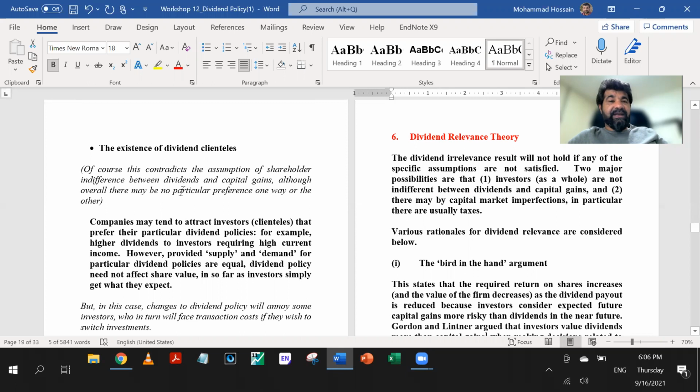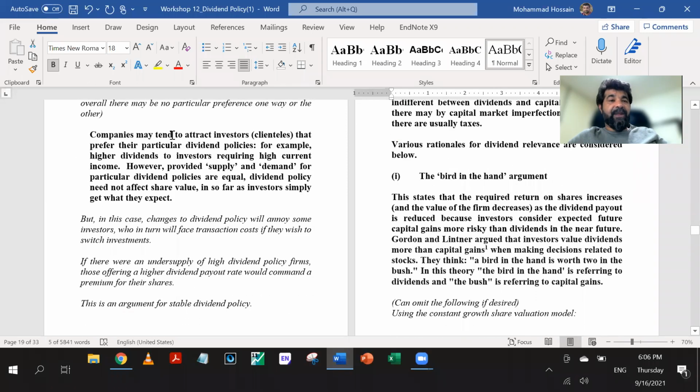Existence of dividend clienteles. Okay, this says here, companies may tend to attract investors. This is interesting. Investor clienteles prefer particular dividend policies, for example, higher dividends to investors requiring higher current income. Well, let's put it in a simple way.